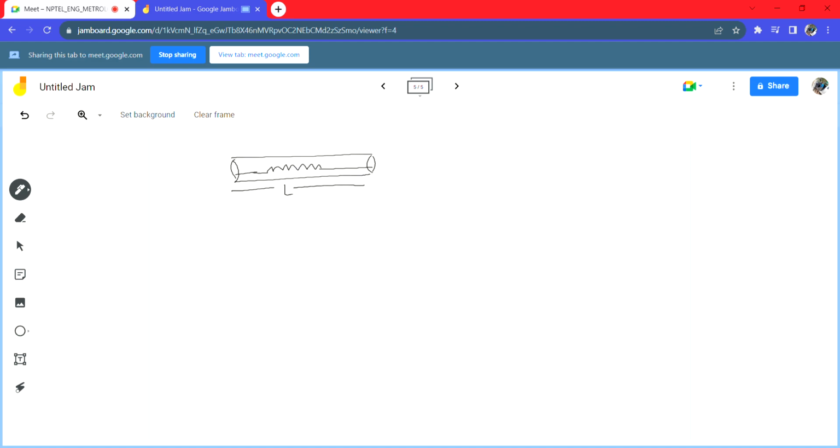Say we have a material with length L, area of cross section A, resistivity rho, and R for this material will be rho L upon A. Now I am saying this L is a function of temperature T. This means if I apply a certain temperature onto this, so what I am doing is, let me put this tube of material on some flame.